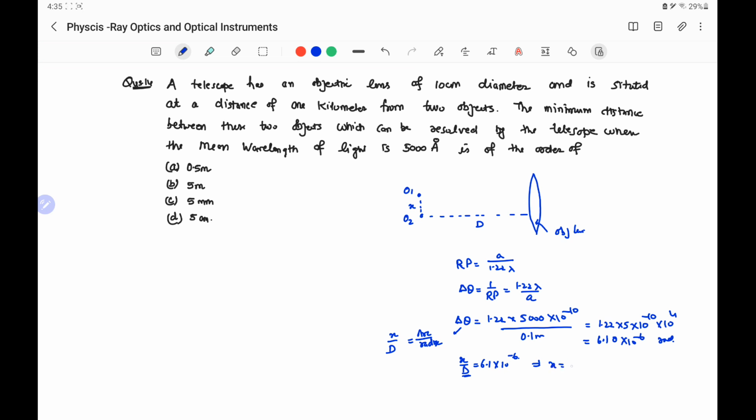So x will be equal to 1000 meter multiplied by 6.1 into 10 power minus 6, that is equal to 6.1 into 10 raised to the power minus 3 meter. So it can be written as 6.1 millimeter, and that is approximately of the order of, as per the options, 5 millimeter. Hence option C is the correct option.